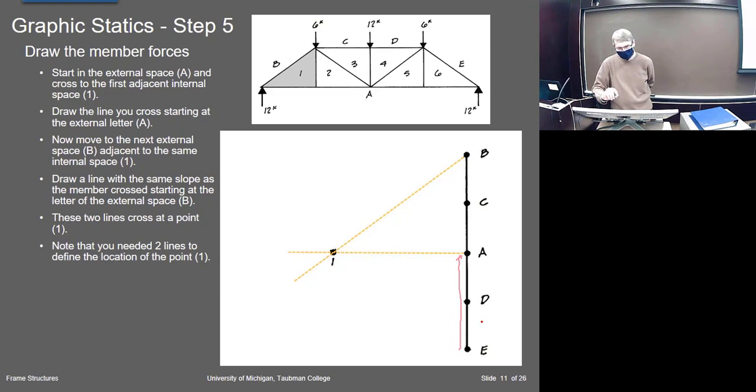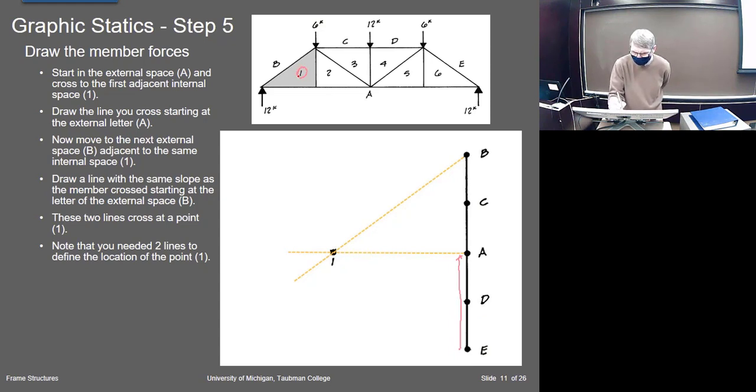Okay, now the next step, I'm going to graph the members, and I've got the letters to start at. I know where the members will connect to the letters, but I don't know the numbers. I have to find the numbers, and the way I do that is I pick two members that will share the same number.